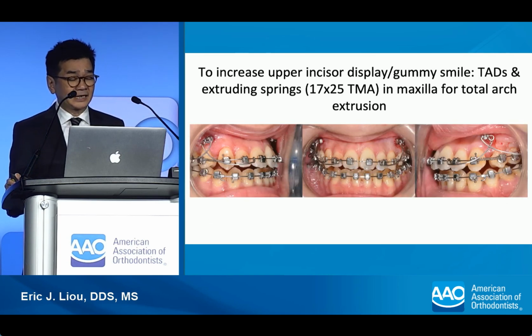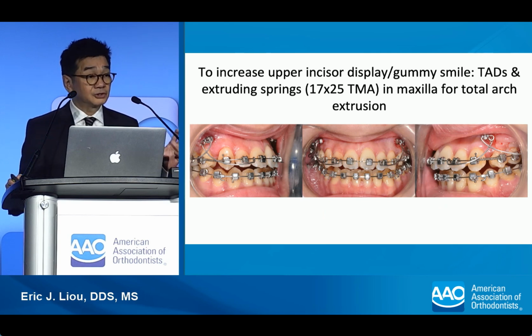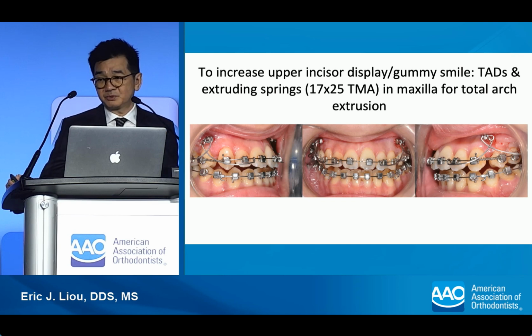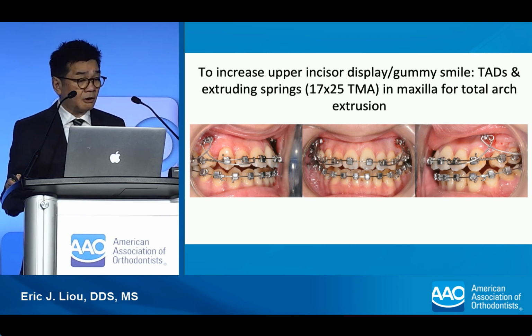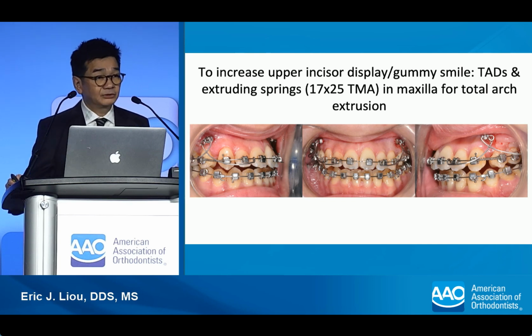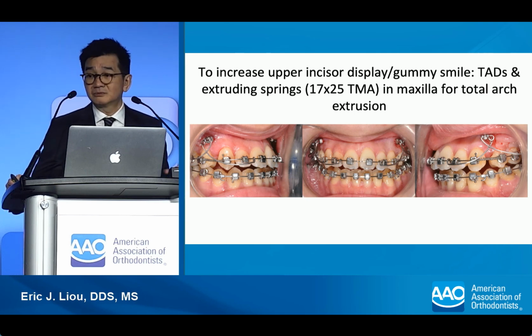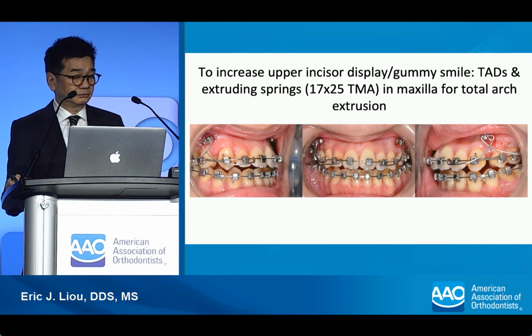So how can we extrude the upper anterior teeth? We can use two TADs in the upper arch between the canine and the first premolar, and then use a pair of extruding springs. I make them from 17 by 25 TMA wire and bend them that way so that I can do maxillary total arch extrusion.